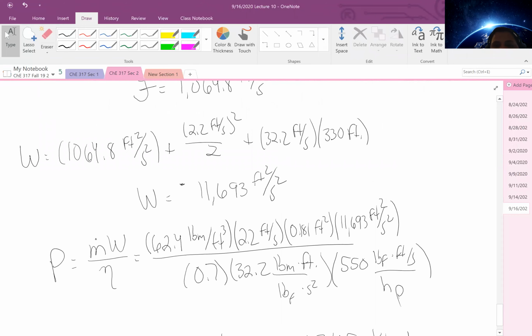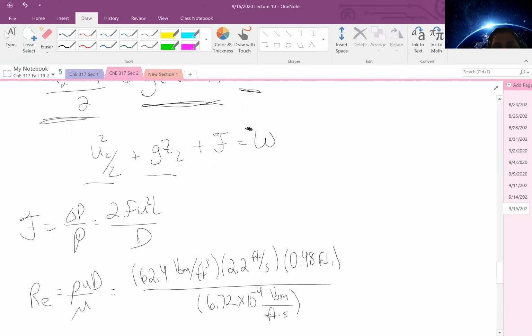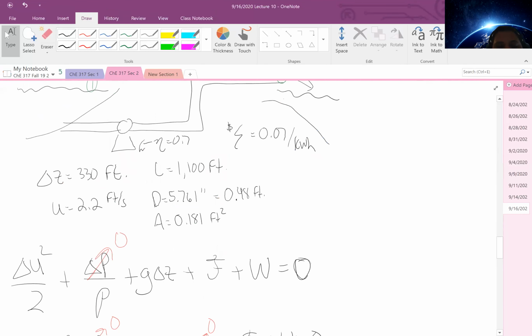So the question is, how much would it consume in terms of hourly energy costs?